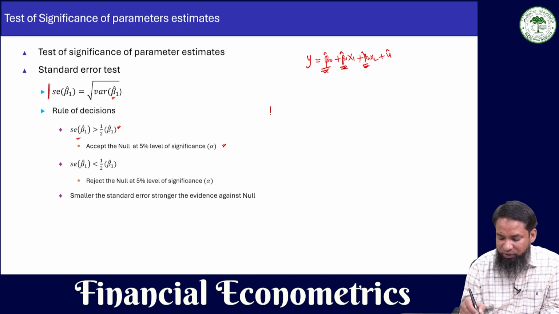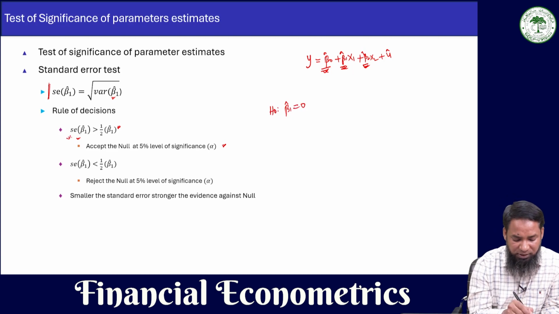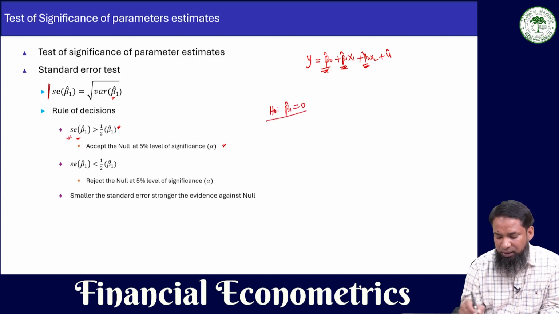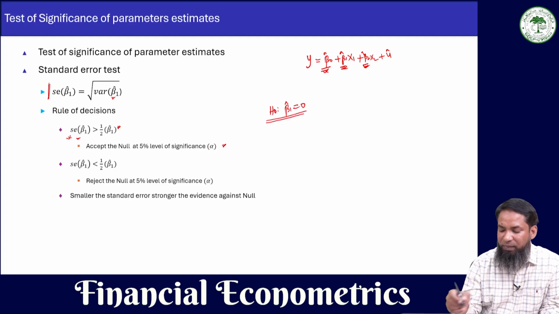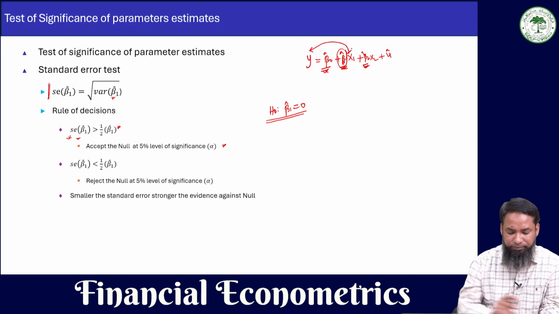What is the null we have? The null is that beta 1 is equal to 0. And if this is the case, we will accept this null. Accepting this means beta 1 is equal to 0. If beta 1 is equal to 0, that means there is no significant relationship between y and the explanatory variable x1.